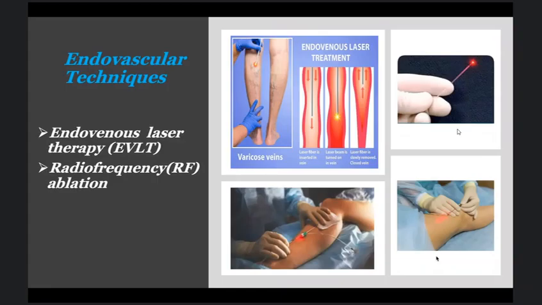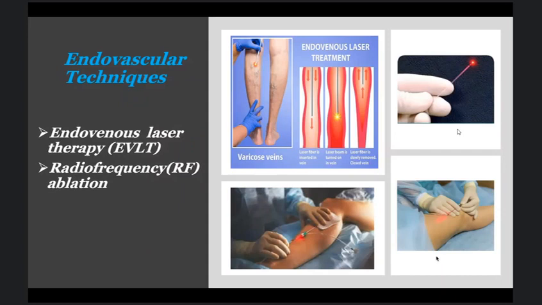Now, what about endovascular techniques? Just to remind you, the lines of treatment of varicose veins are conservative, surgical, and endovascular techniques. Now, for the endovascular techniques, we have two: either endovenous laser therapy, EVLT, or radiofrequency ablation.